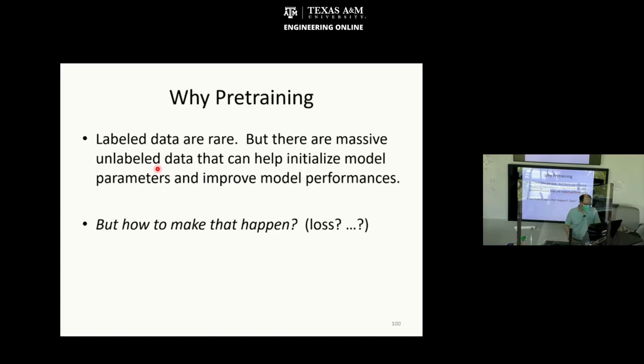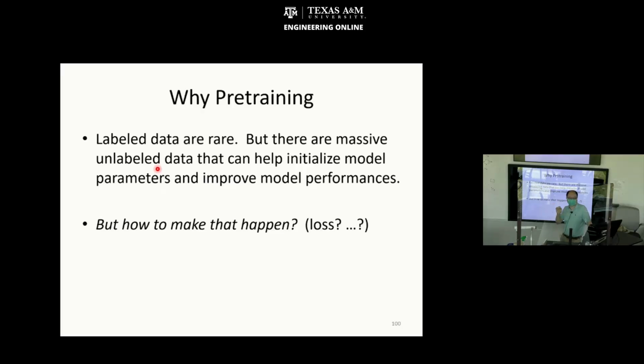Okay, but the tricky question is how do you make that happen? It sounds good, but how do you make it happen? Specifically, we should look at the optimization problem and ask ourselves: in the fine-tuning stage, it's easy. You have supervised machine learning with labels available.